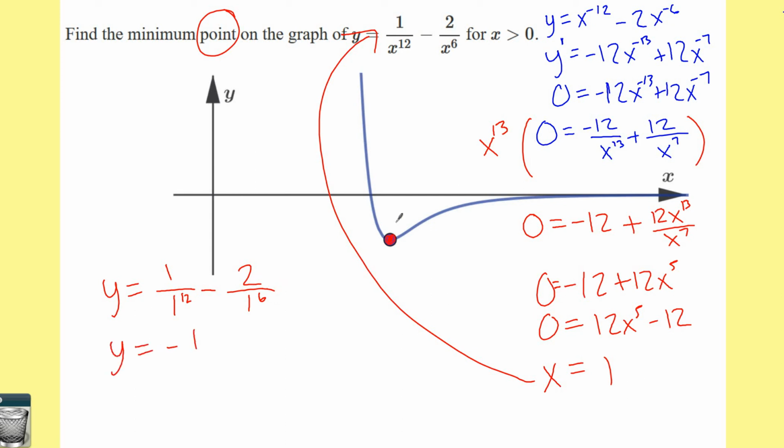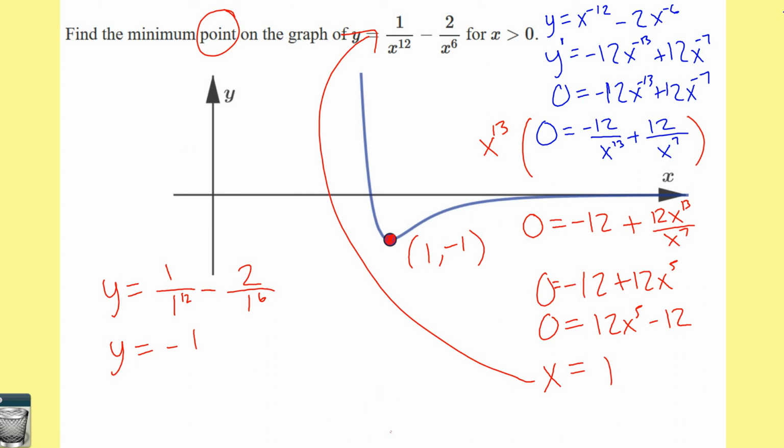So this point is 1 comma -1, which makes sense because that's where it is in the graph. If my answer was -1 comma 1, we'd have a problem, because that would graph right there, and my graph is nowhere near that. So sometimes the graph can help us just to make sure that we have the right answer.